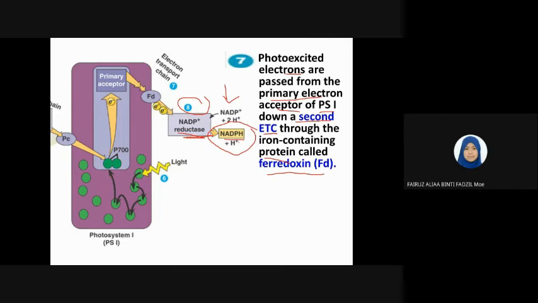Then NADPH is the electron carrier that supplies the electrons to the Calvin cycle, which is the second part of photosynthesis. For this second electron transport chain, there's no production of ATP. ATP is only produced at the first electron transport chain.